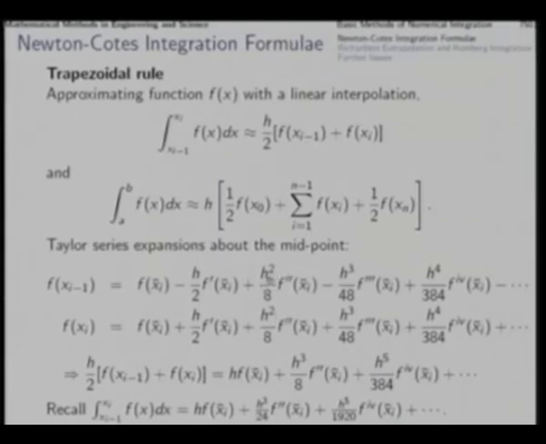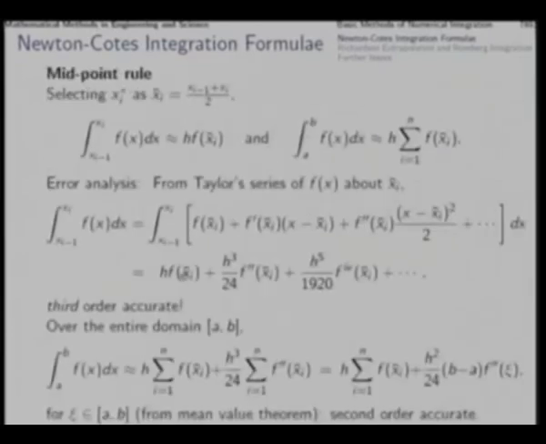These two added together will give us h square by 4 multiplied with h by 2, which gives h cube by 8, and similarly these will cancel out, and these will give us 384 straight away, and so on. Now, this turns out to be what we get from the trapezoidal rule. And then we can recall the actual Taylor series of the integral of f(x) around the midpoint, that was this.